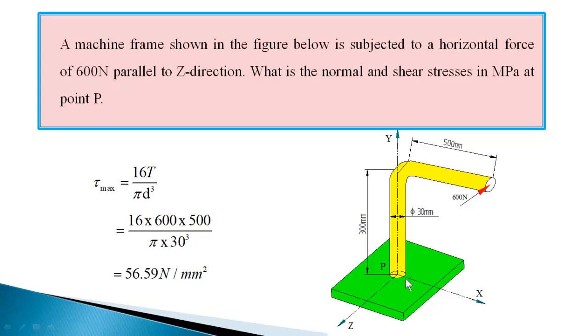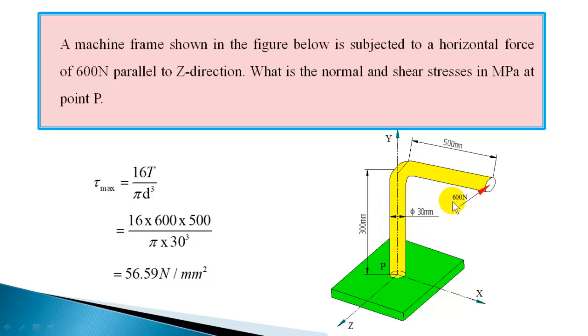If you take this as a shaft, the 600 Newton force produces a rotation, and this torque of 600 Newton into 500 mm is the torque acting at point P. This force is producing a torque at P and also producing bending, due to the distance from point P to this force, which is 300 mm. So 600 into 300 will be the moment acting at P, which is also trying to bend this shaft.